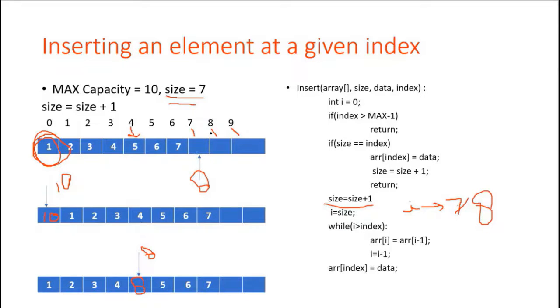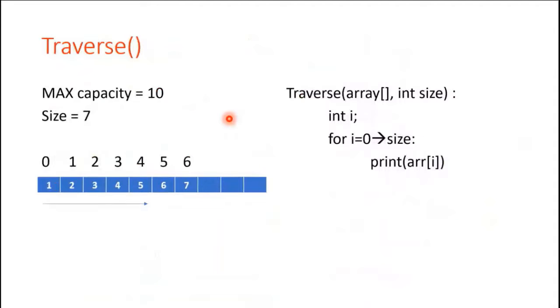Now we have the second operation, which is traversal. Here you can see max capacity is 10 and size is 7. What is traversal? Traversal means we walk on each node.